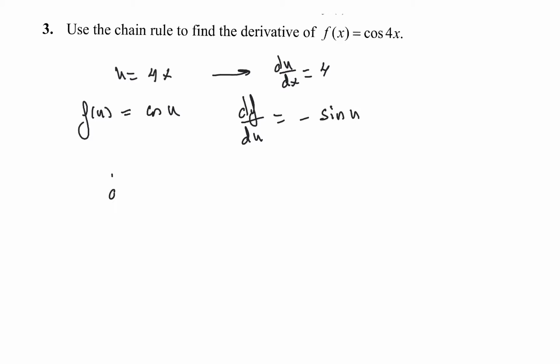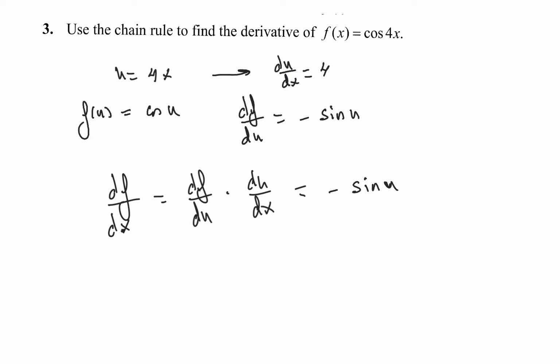Now we take our chain rule. It says the derivative of f respect to the x is the derivative of f respect to the u multiplied by the derivative of u respect to the x. What is the derivative of f respect to the u? Minus sine of u. What is the derivative of u respect to the x? 4.